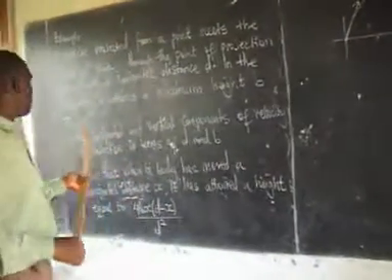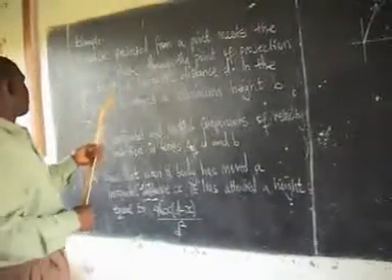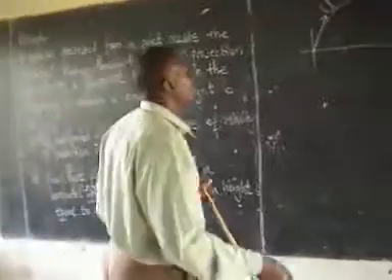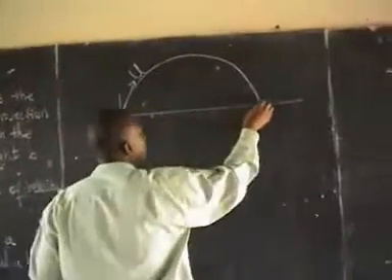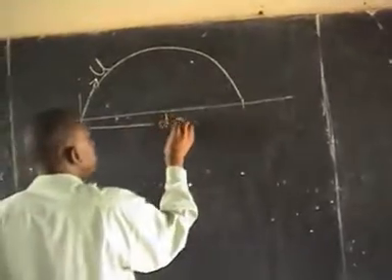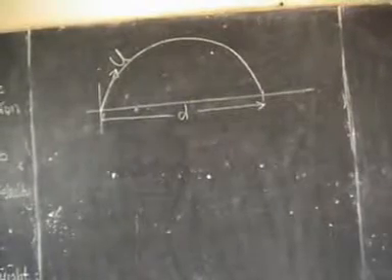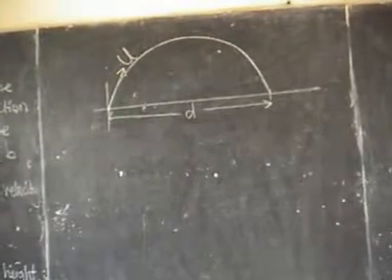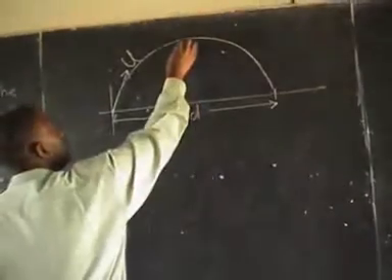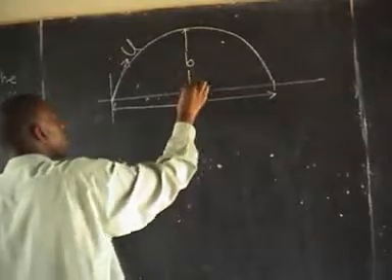From the question, we've been told that it moves a horizontal distance D. The distance from here up to this point, which is actually the range, is given as D, and on its way it attains a maximum height B.